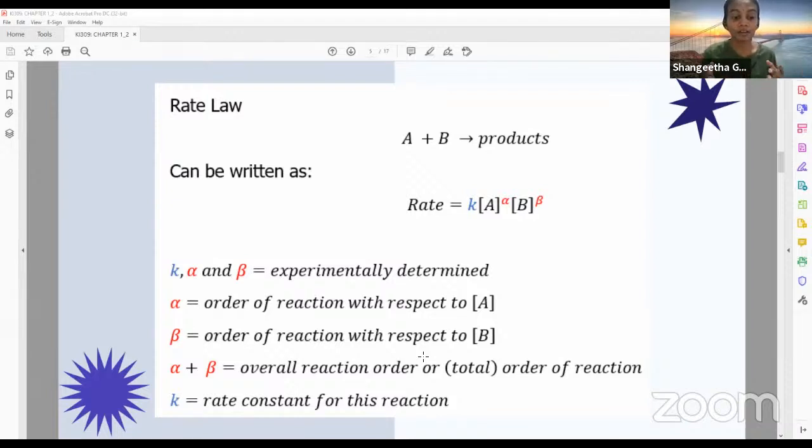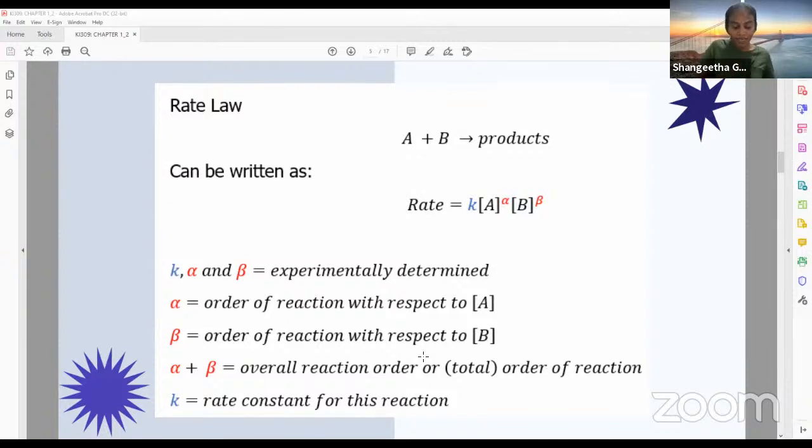When you understand the order of reaction and relate it to the graphs later on, when we do the graphical method, you already know what order the reaction is when you look at the graph. That is why we say that when you learn rate law, you can actually determine the mechanism of your reaction.